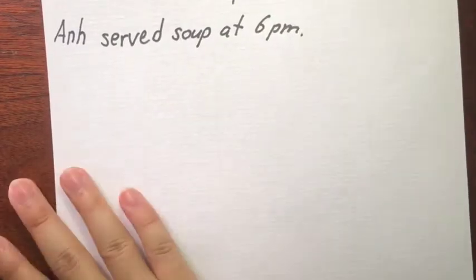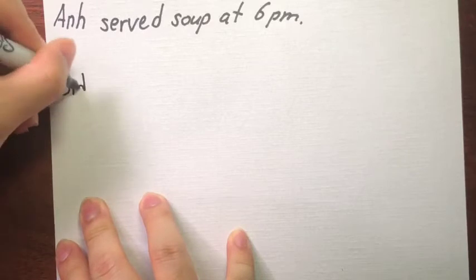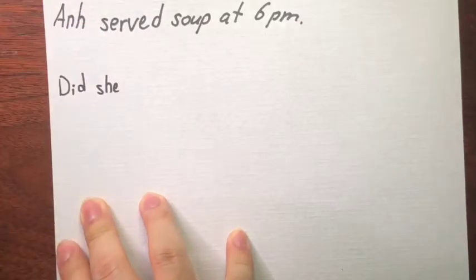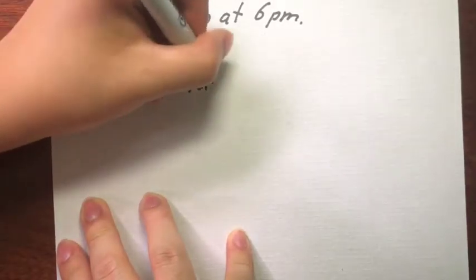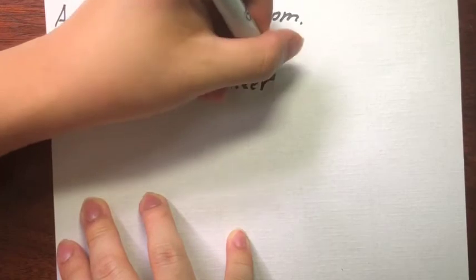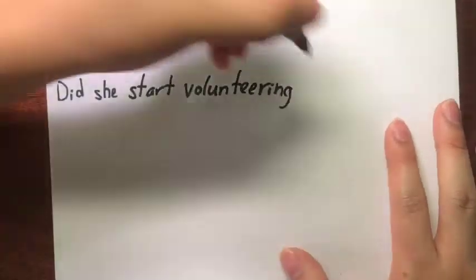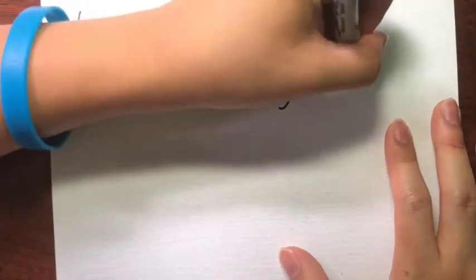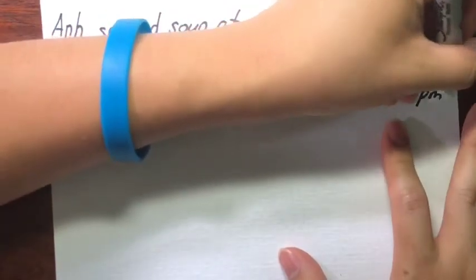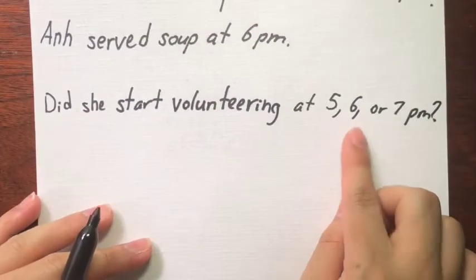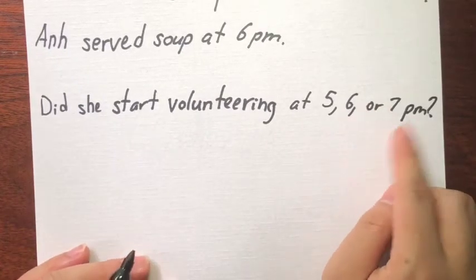And then I'm going to ask you one more question. Did she start volunteering at 5, 6, or 7 p.m.? So here we have a list, but we have the word or before the last thing.